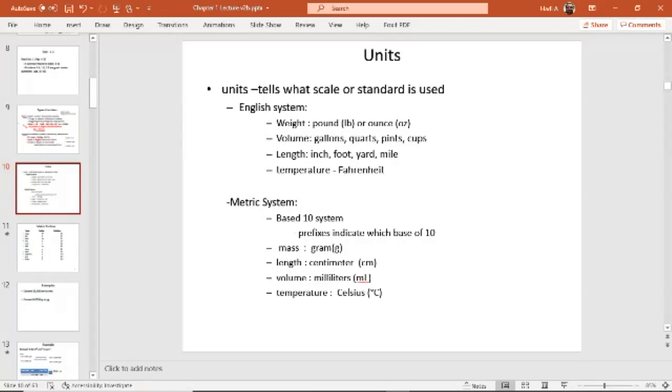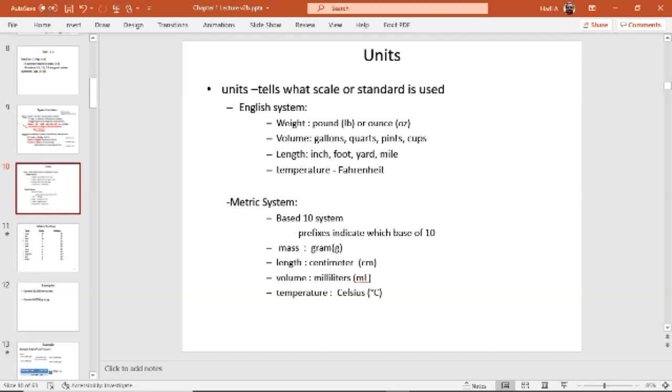Likewise for length, we should know how many inches in a foot, how many feet in a yard, or how many feet in a mile. Those are things we use on a daily basis that they may not give you in the book, because they expect that you know that information. For temperature, the English system is Fahrenheit.